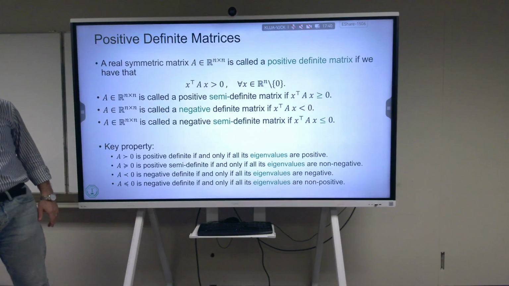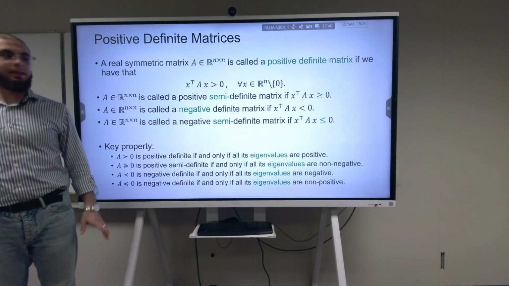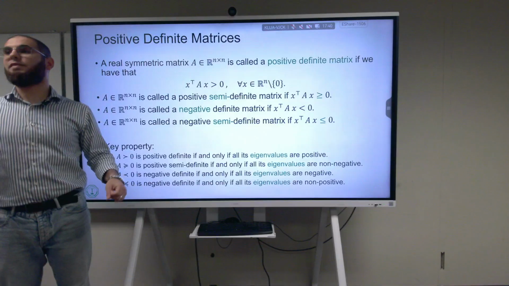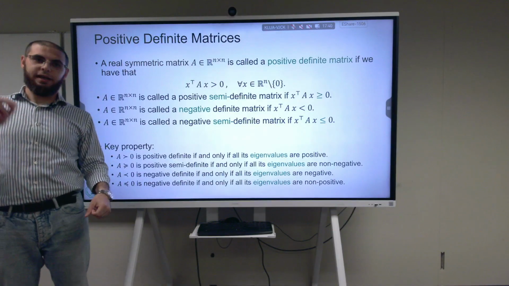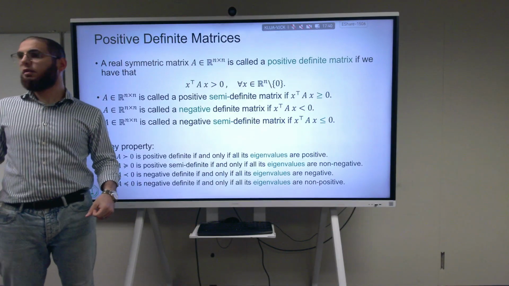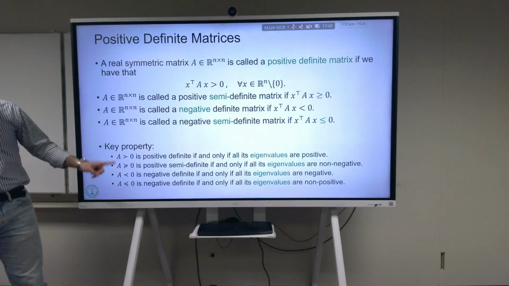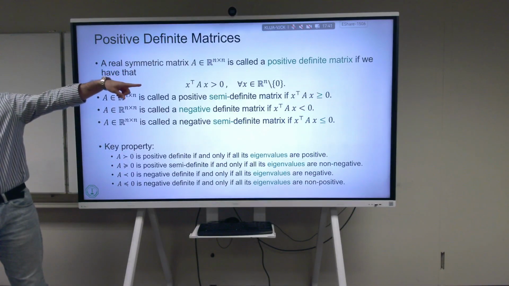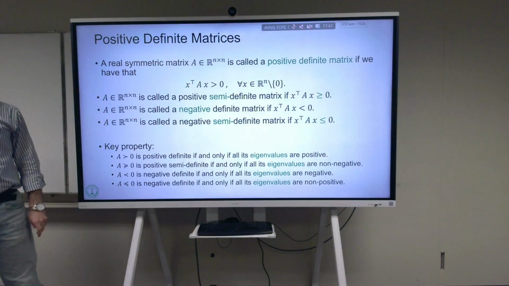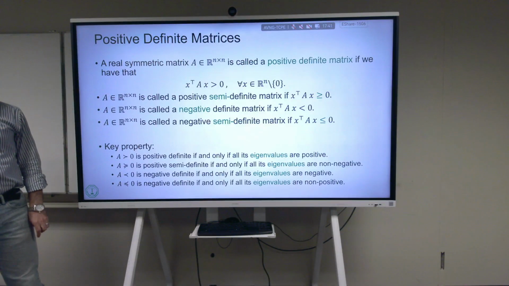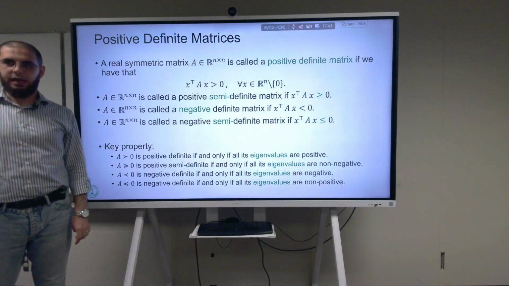The way we usually write that a matrix is positive definite or positive semi-definite or negative definite or negative semi-definite is usually using this symbol. These are not the same symbols. If it equals 0, how can we differentiate between if it's a positive semi-definite or a negative semi-definite? Sorry, could you repeat the question?